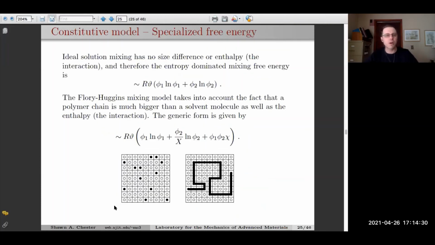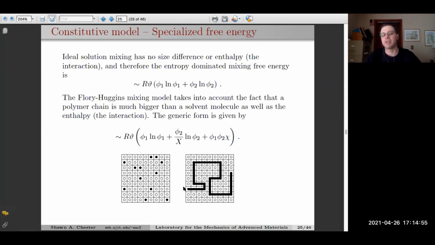If you were curious where this comes from, myself being an engineer, we don't get into this too much, but a lot of people talk about ideal solution mixing. And there, the picture's on the bottom left here. The typical schematic is a checkerboard of black and white dots, and how many configurations can you have there? And there is no interaction between the black and the white per se.